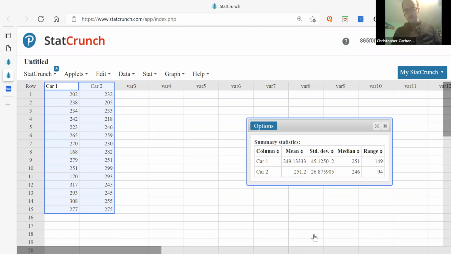Then for car 2, we have a mean of 251.2 miles. We have a standard deviation of 26.9 miles, a median of 246 miles, and a range of 94 miles. So let us put all of that into our document.